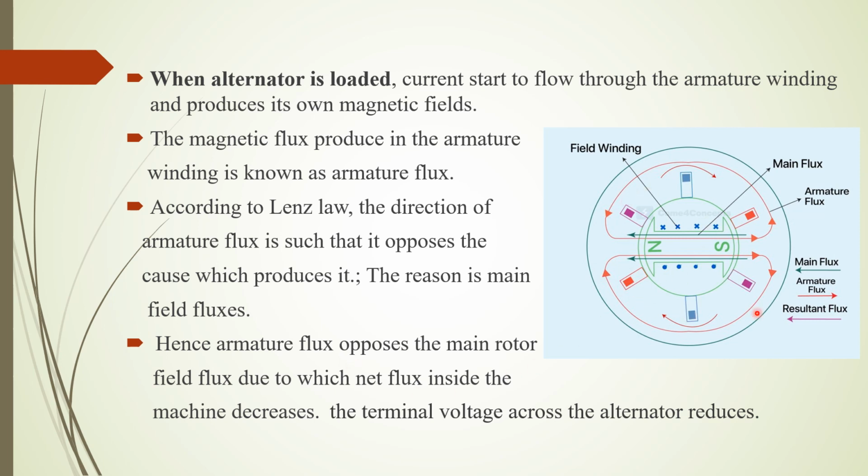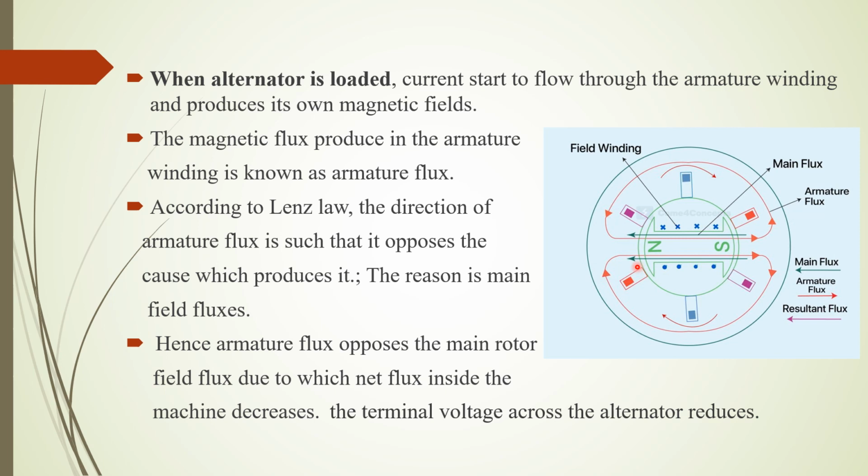Here you can see a schematic arrangement for main flux, armature flux and the resultant flux. These two lines represent the main flux.